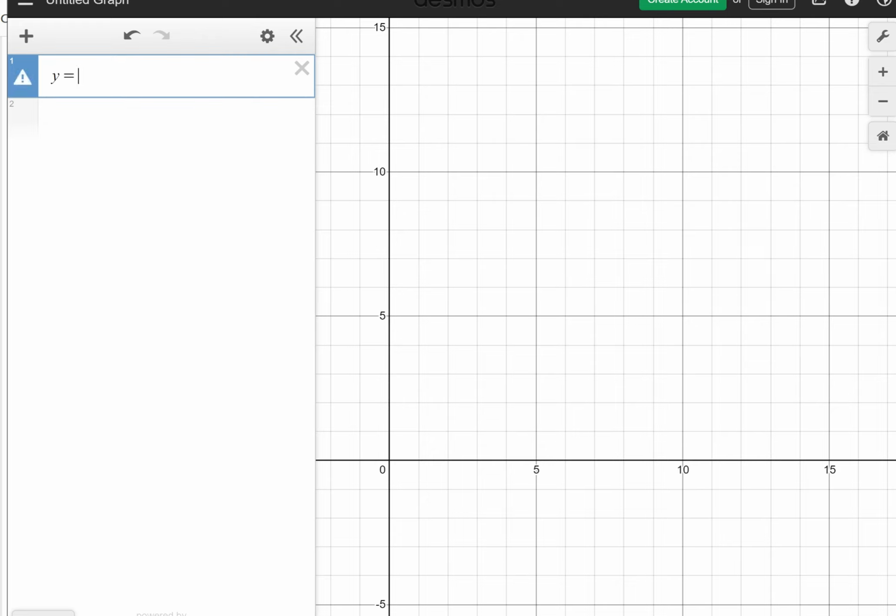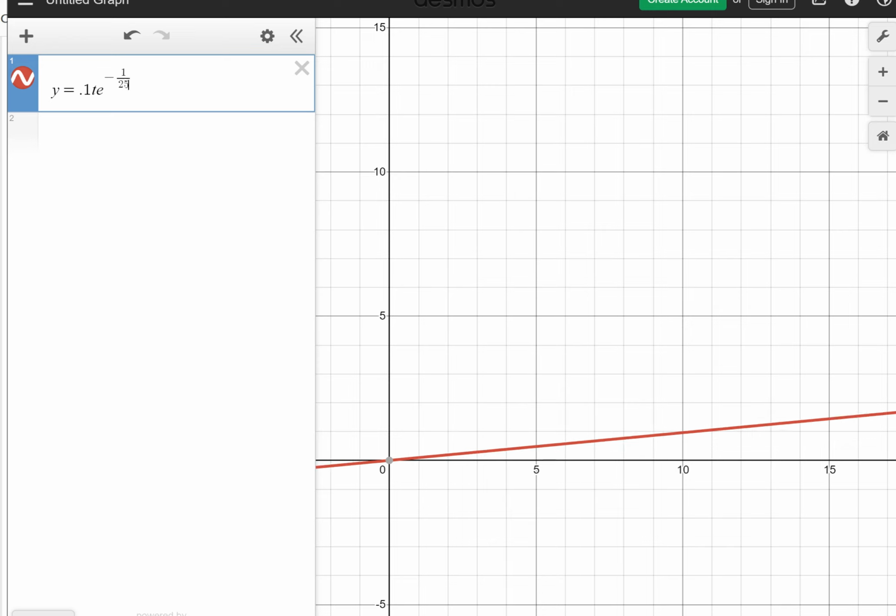Y equals 1/10. I'm going to put it in as a decimal. So 1/10 is 0.1 t e raised to the negative 1/250th t. Make sure I put that in the decimals correctly. You do notice it does start out at the 0 pounds here.